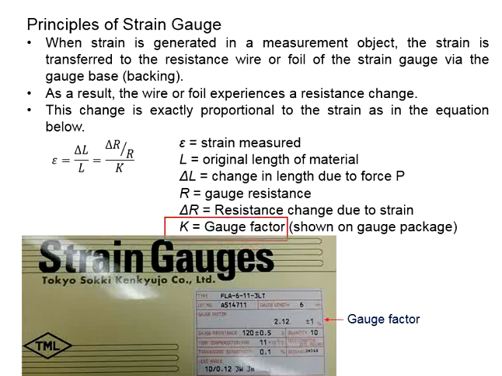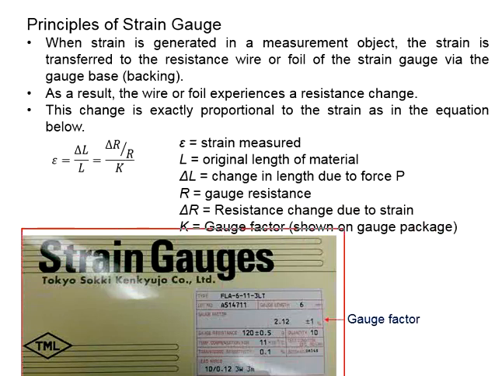This is the factor that you need to key into the data logger so that the data logger can help you to compute the strength measured by the strain gauge. Now, where can you get the gauge factor? Normally, it is shown on the gauge package.